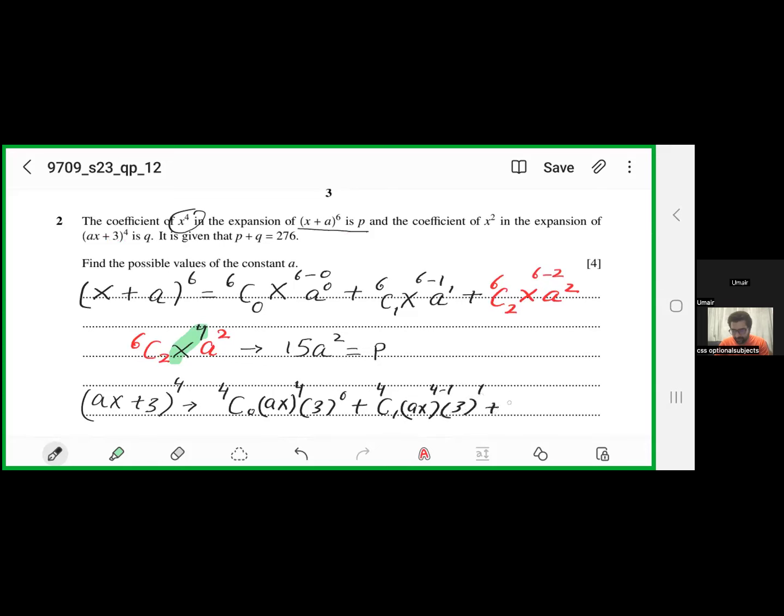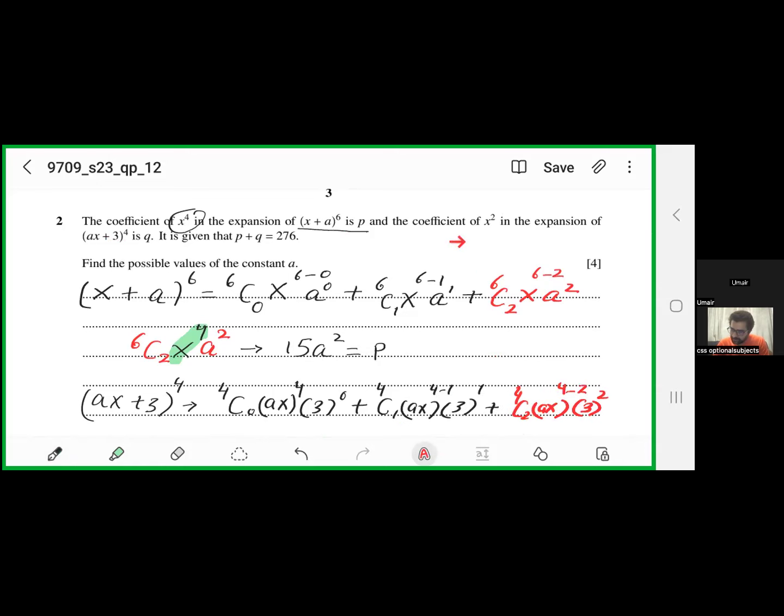Then 4c2 (ax) power 4 minus 2 and 3 power 2. So this is the term in which you have x square.